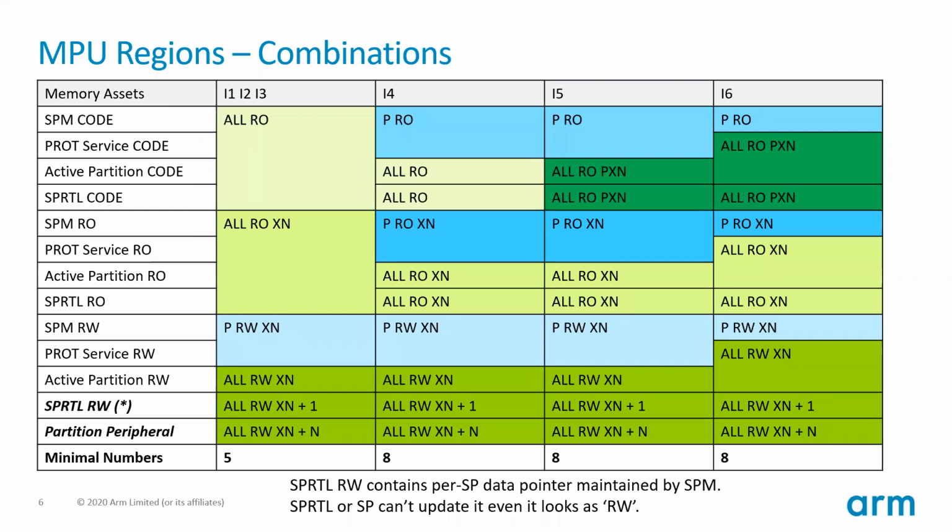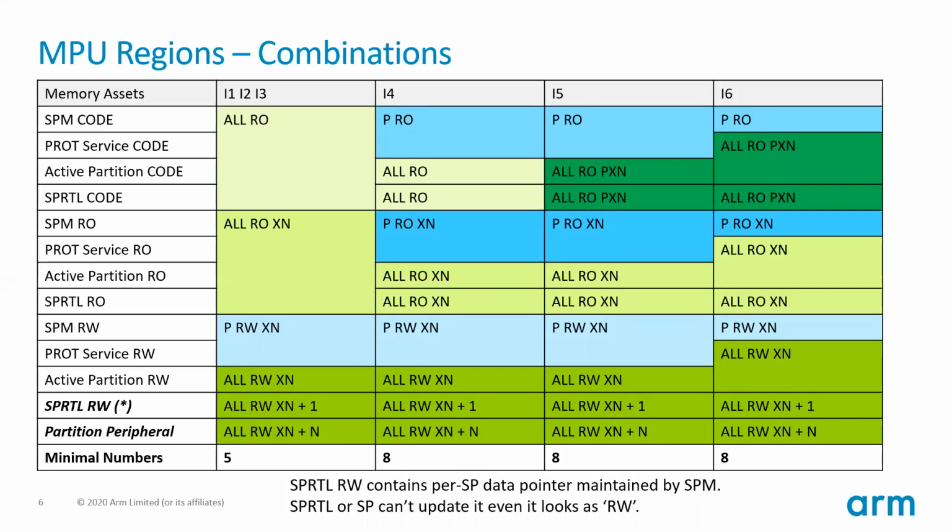Ken, a question on the SPRTL read-write. Would that need read-write permissions when actually mapped into the partition, or does that only need read-only permission? We don't need the read-write permission. Read-only. The read-write here is because there are some globals, maybe marked up by the compiler or the linker as read-write, but it is mapped in the MPU as read-only, so the partition never has a chance to change that.